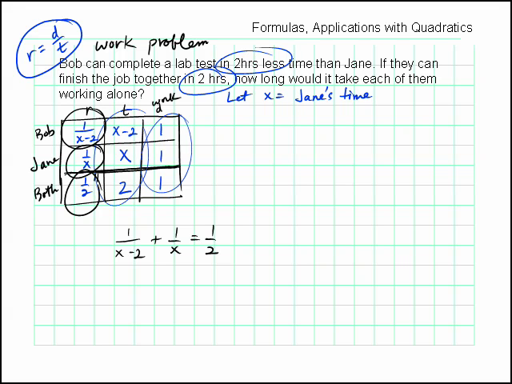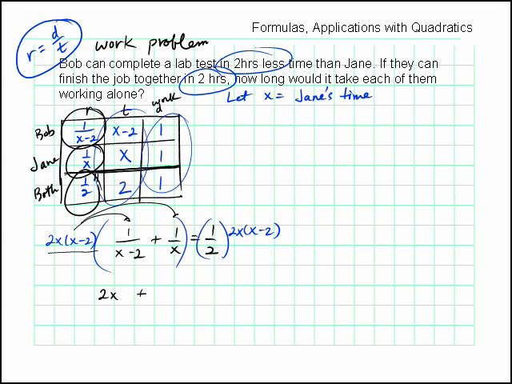In order to do that, I have to eliminate the fractions by multiplying both sides by the common denominator: 2x times x minus 2. Distributing this times this, the x minus 2's cancel away and leave you with 2x.